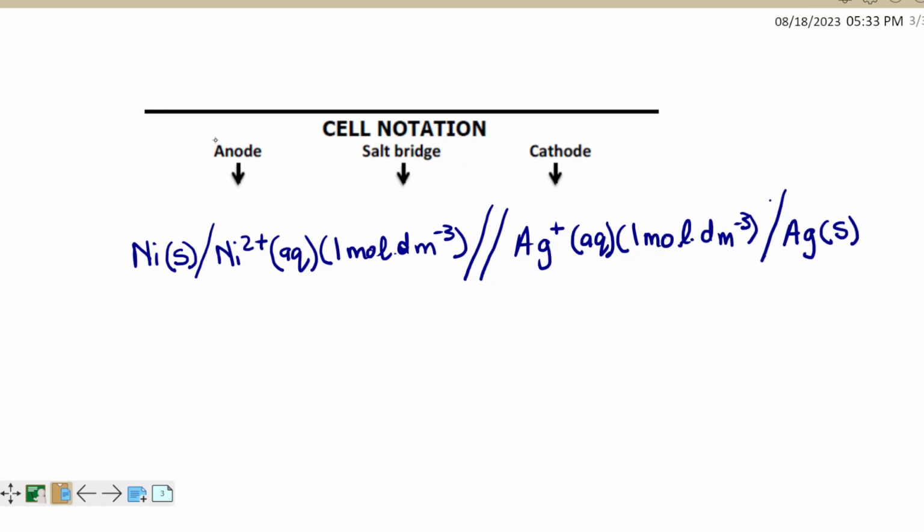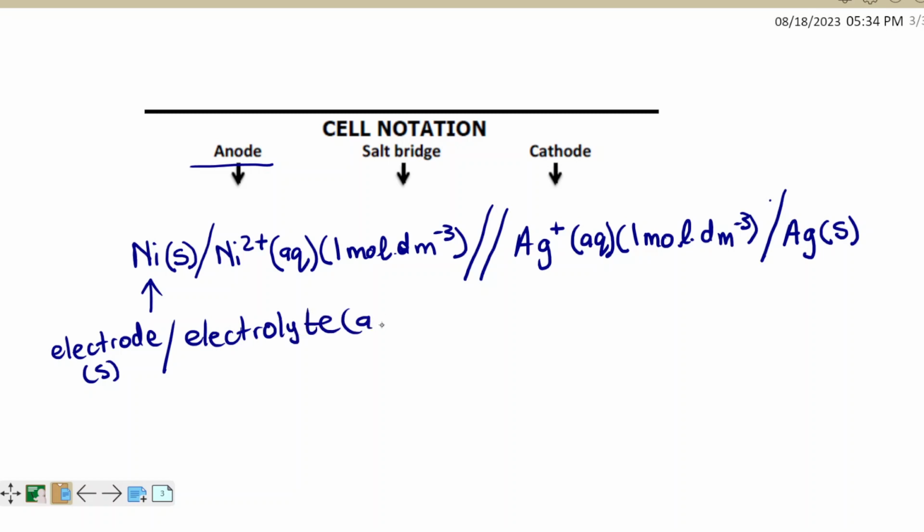You start with the anode, you write the electrode. This one is the electrode in the solid form, forward slash. You come now to the electrolyte. It's in the aqueous form.